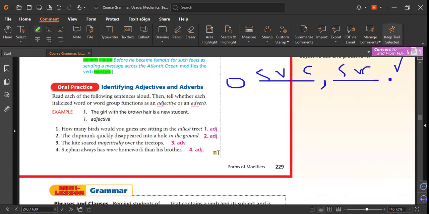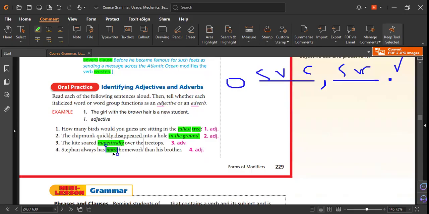That's why, here, as you know, tallest is an adjective to the noun tree. Yes or no? Here, ground tells you when. Here, majestically, it's an adverb. Yes or no? Yes. That's it.